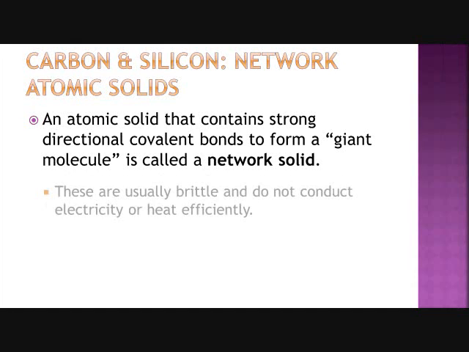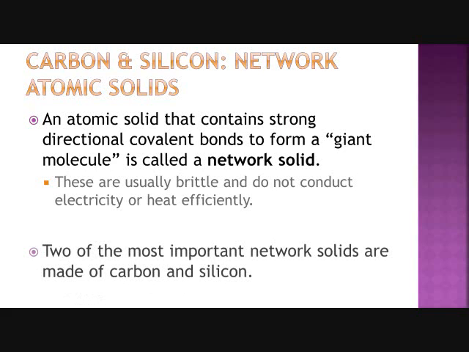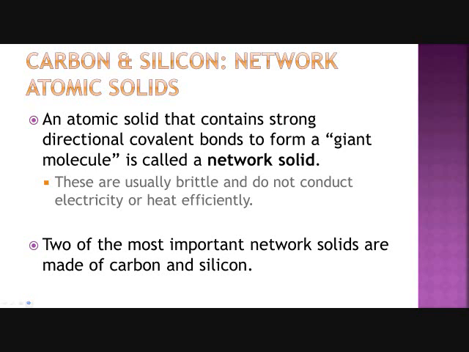So, covalent network, or network solids. An atomic solid that contains strong directional covalent bonds to form its giant molecule is the network solid. They're usually brittle and don't conduct electricity or heat. The two most important network solids are made of carbon and silicon.